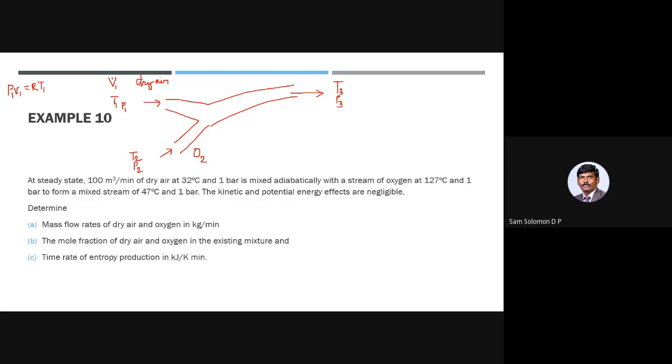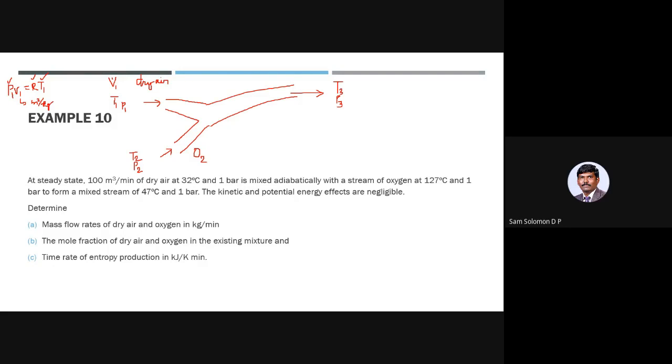P small v equal to RT. This pressure is known. R is for dry air, which is 287, and T1 is given to us in the problem. So you can estimate the value of this V1, which is in meter cube per kilogram. This is in meter cube per kilogram, and V dot is in meter cube per minute.